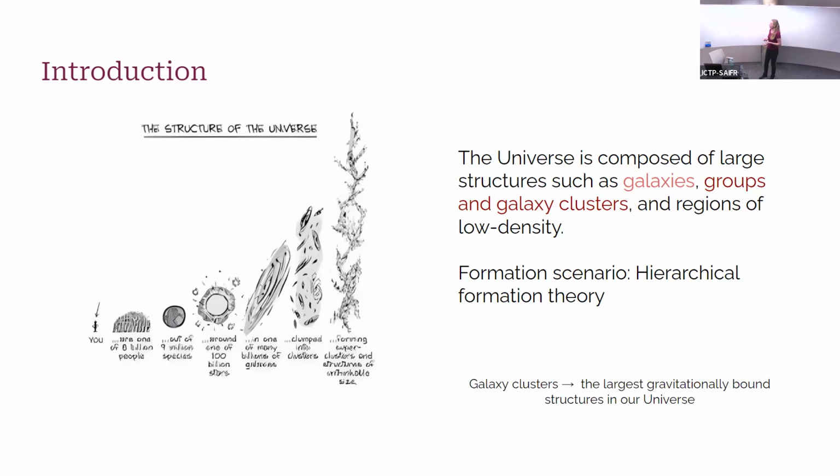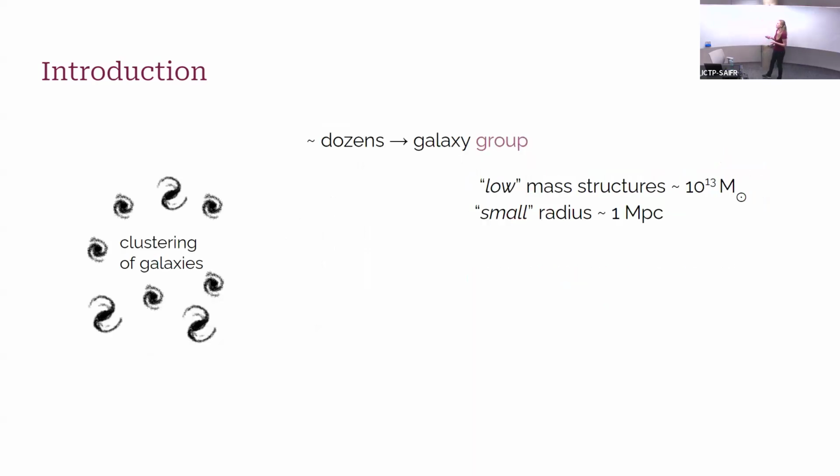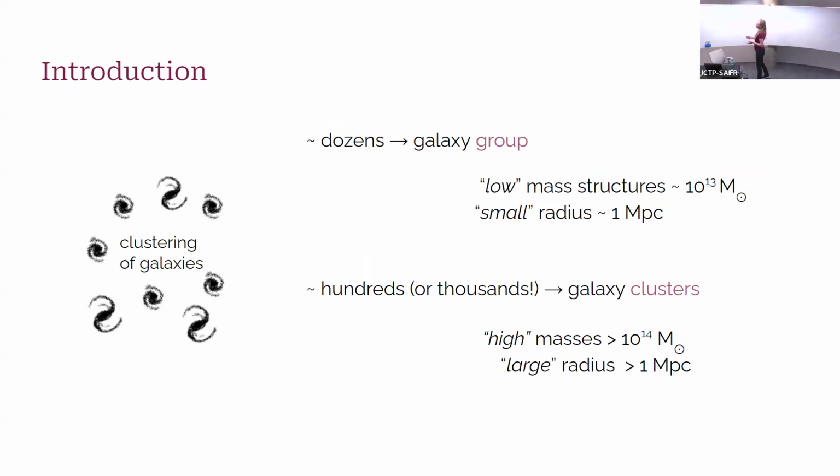So we can study these structures at different redshifts of our universe and try to understand the underlying cosmology within these clusters. Just one introduction about galaxy groups and clusters. We have a difference in the number of galaxies.